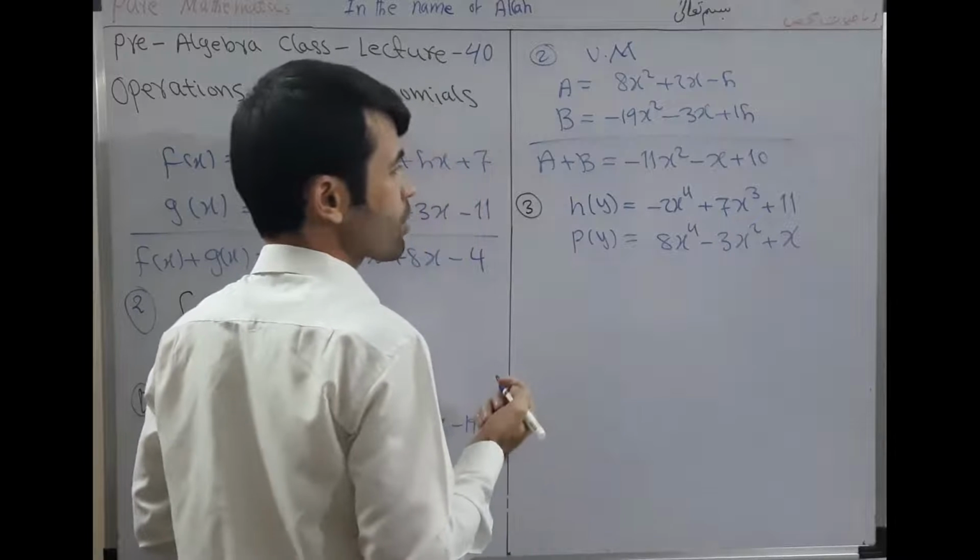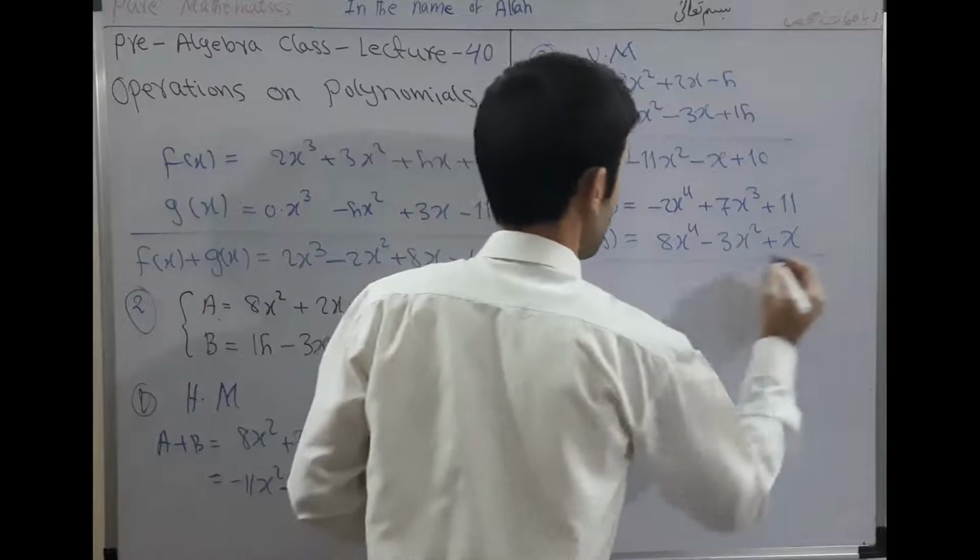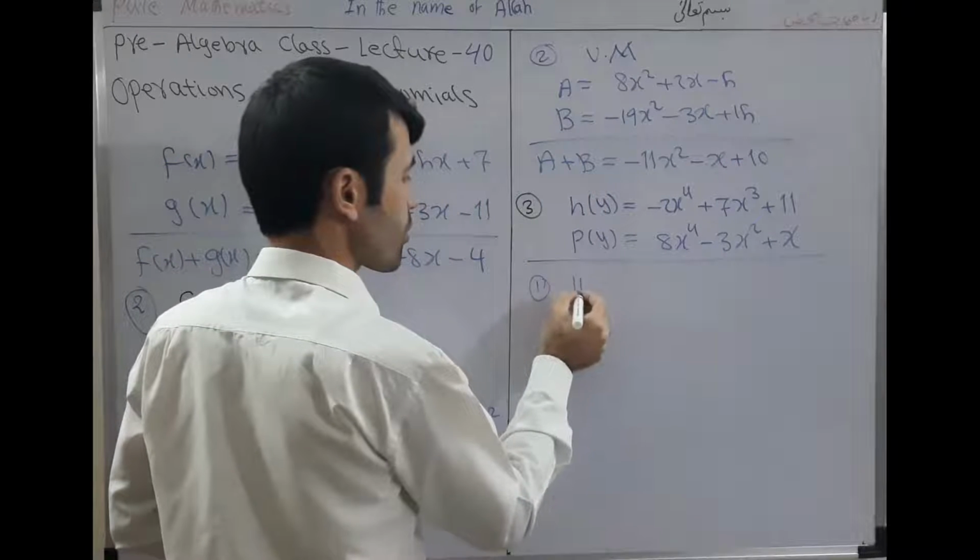Now we want to add these two polynomials. First method, horizontal method.